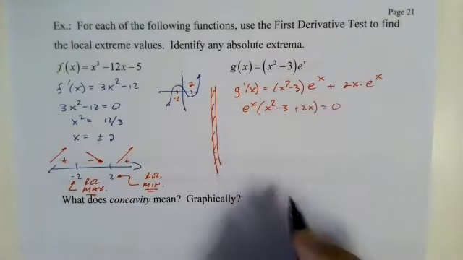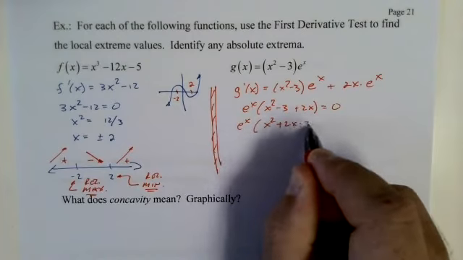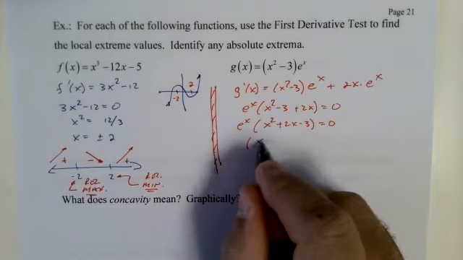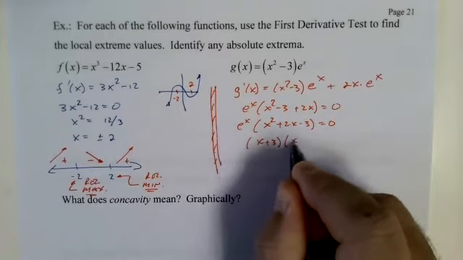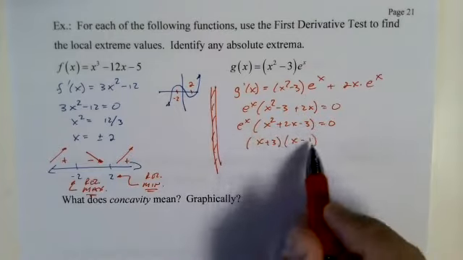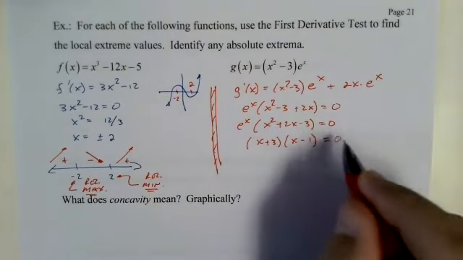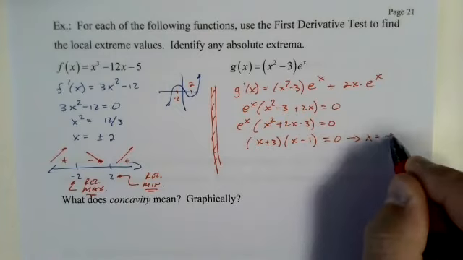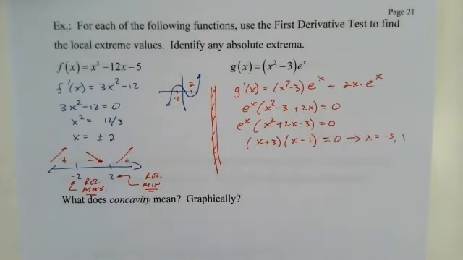E to the x never equals 0, so I can pretty much ignore it. X squared plus 2x minus 3 equals 0. So to find out what it equals 0, I go x plus 3, x minus 1. Looks good. And I get x equals -3 and 1.